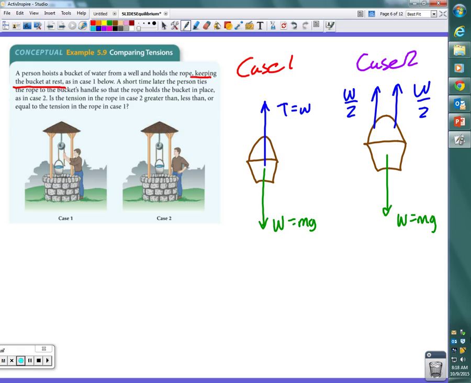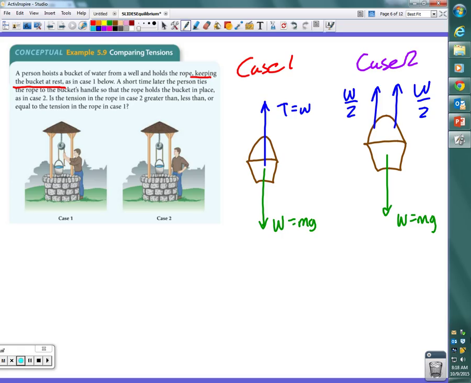That pulley has the ability to, I don't want to say divert the force, but it changes the direction at which the rope is pulling, and so it acts almost like two forces. So case 2 would be exactly the same as if you were holding one rope and your friend was holding another rope, right?